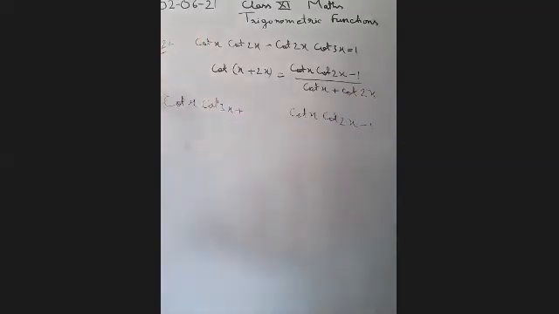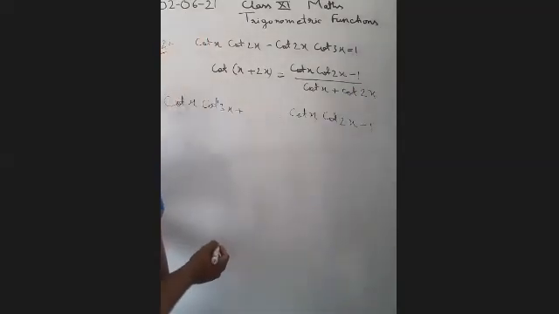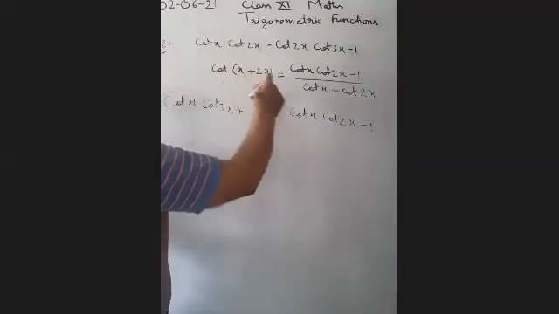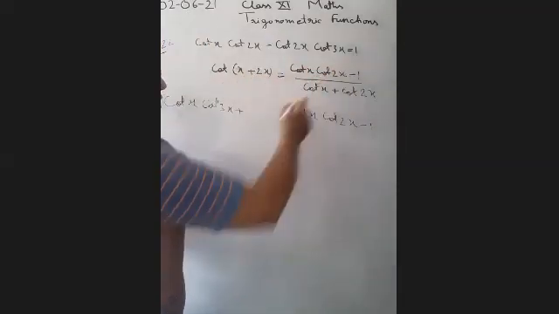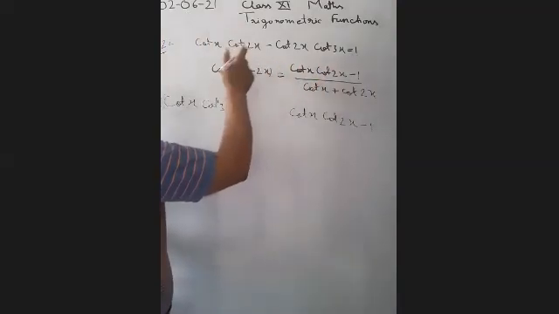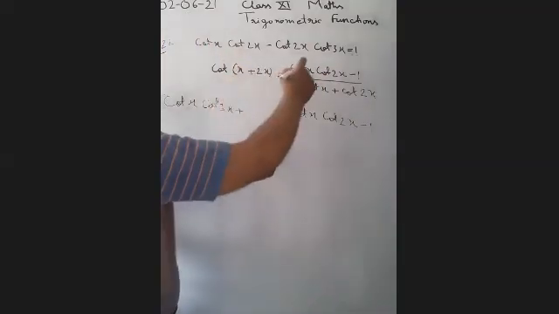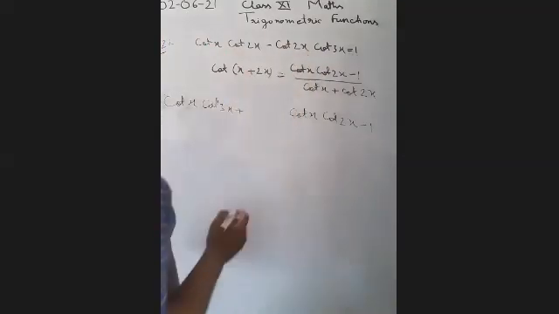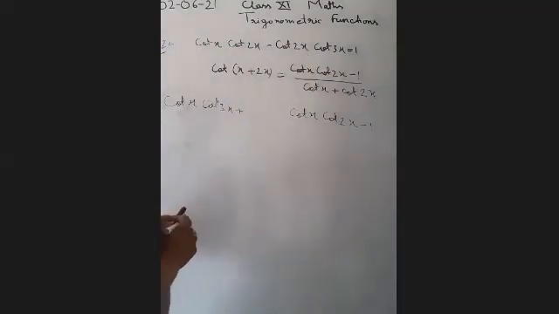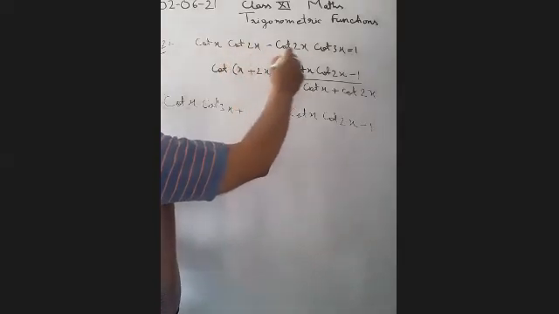Just see the formula, wherever you have written it, either in your book, and you can memorize it from there. Cot x plus y is equal to cot x cot y minus 1 upon cot x plus cot y. We have written cot 3x equal to cot x plus 2x because we want all terms in x, 2x and 3x only.